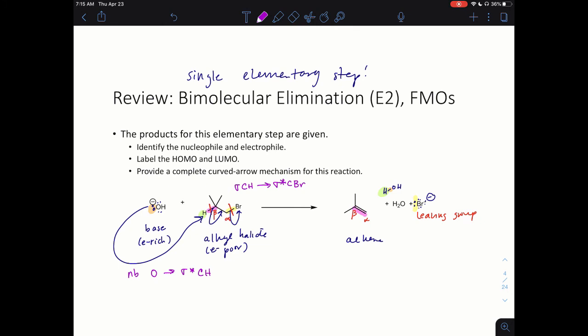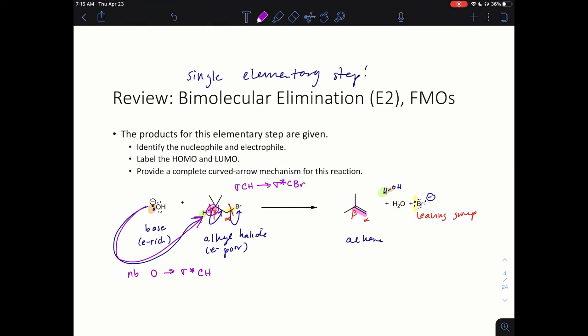We discussed that the non-bonding pair of electrons on oxygen attack sigma star CH, which is being represented by this arrow right here. And then we also have these electrons in the sigma CH bond here attacking sigma star CBr.